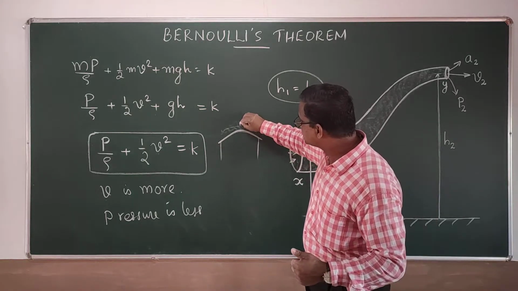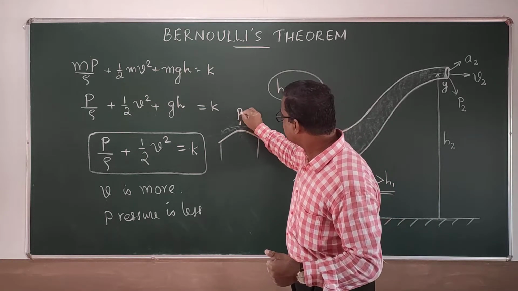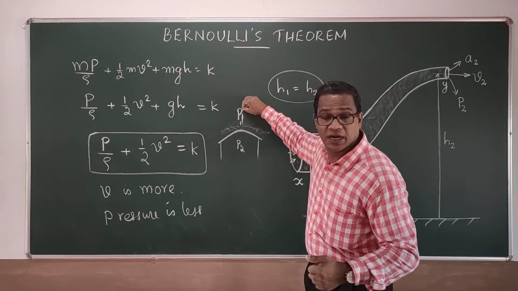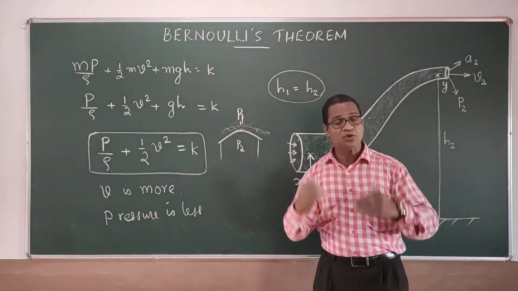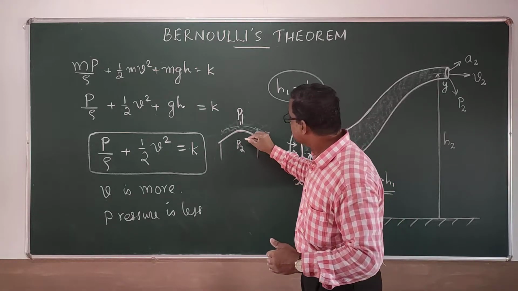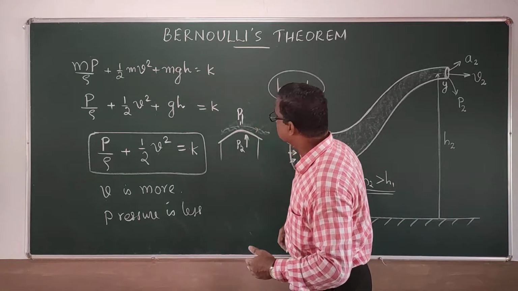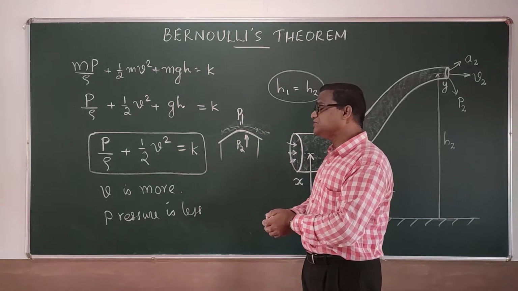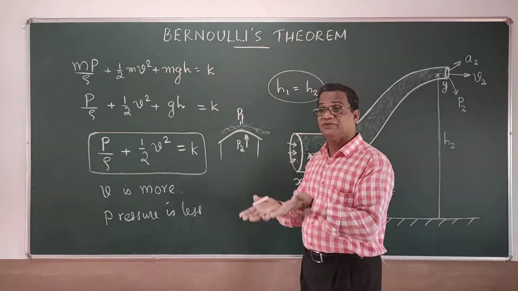Pressure here is P1 and inside is P2. This P1 reduces suddenly, so from down to up there will be a heavy pressure in the upward direction and the roof will be lifted up.